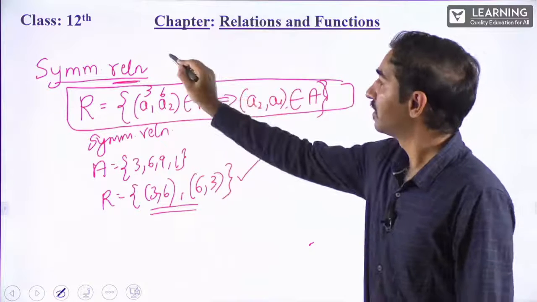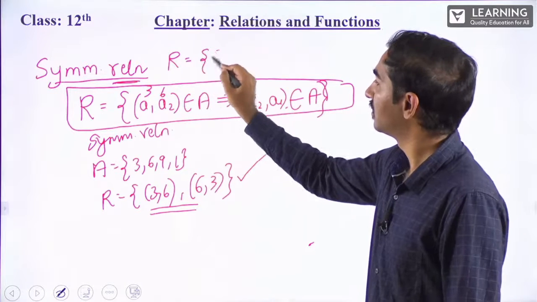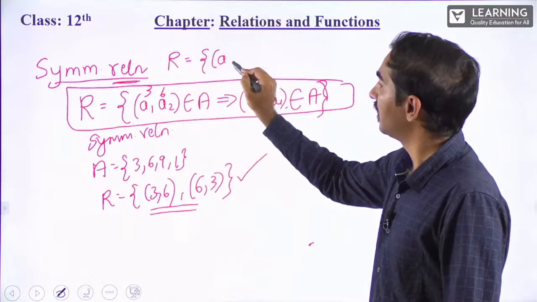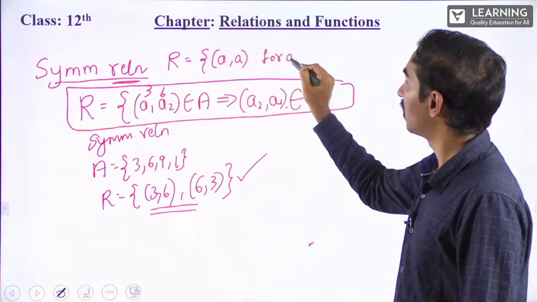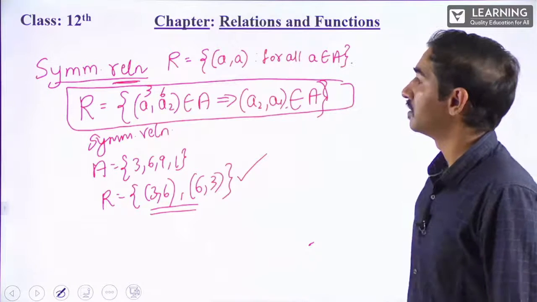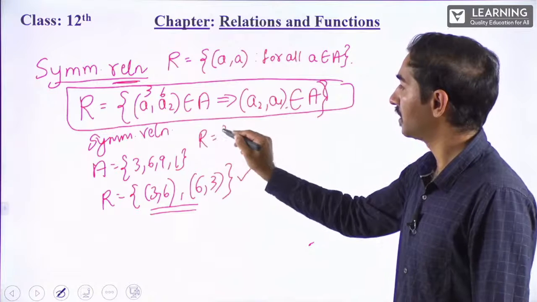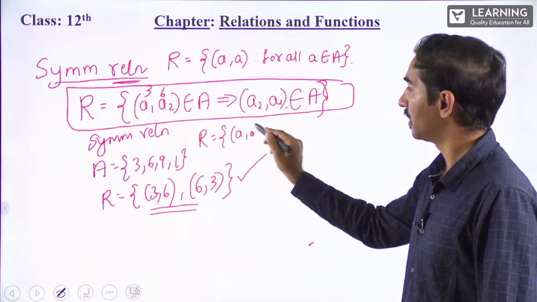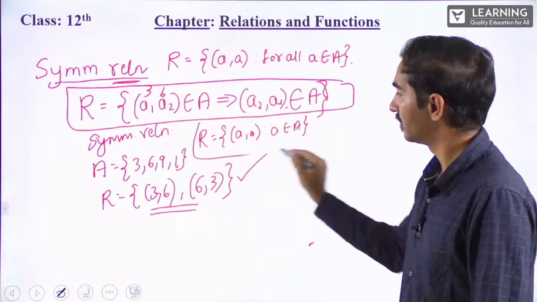Just revising, what is a reflexive relation? Reflexive relation: A comma A such that for all A belongs to A. Symmetric: R equals A comma A belongs to R. Identity.